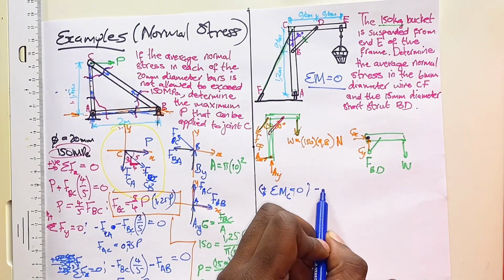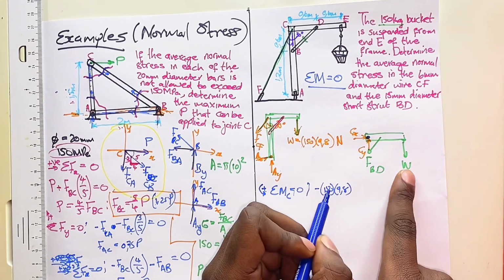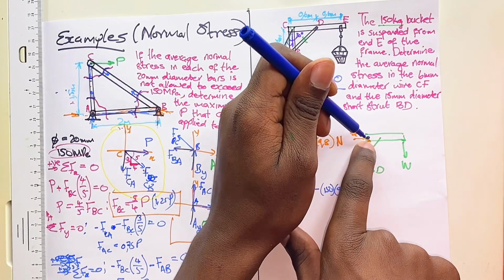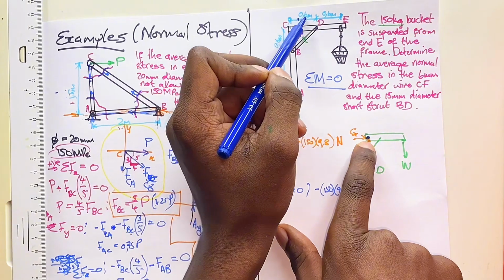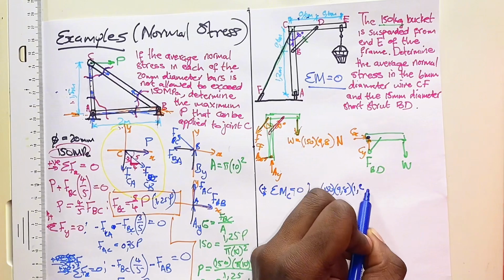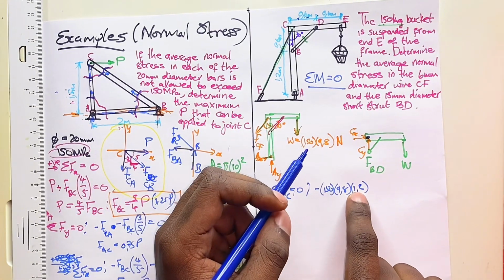So it will be negative 150 times 9.8, which is the force, times the distance from my reference point. I know that it is 0.6 plus 0.6, so it will be acting 1.2 meters away. Now, what other moments do I have?